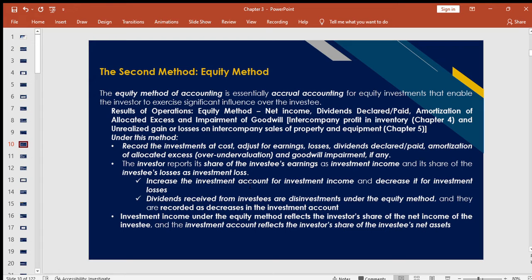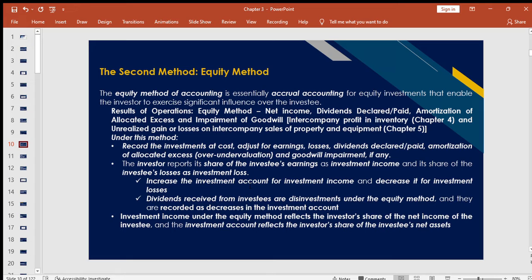So, results of operations for equity method is we have the net income. So, we have entries for our net income, the dividends declared or paid, amortization of allocated excess, and impairment of goodwill, and unrealized gain or losses on intercompany sales of property and equipment.